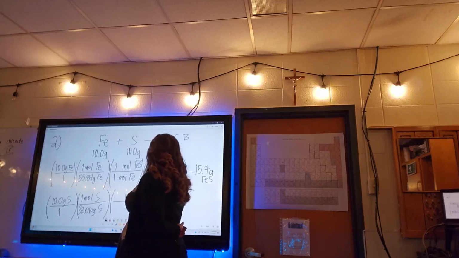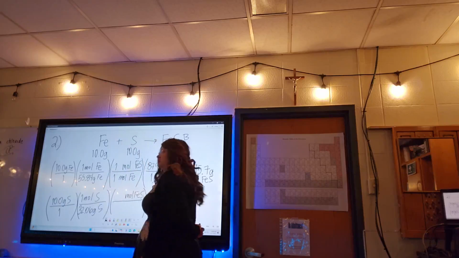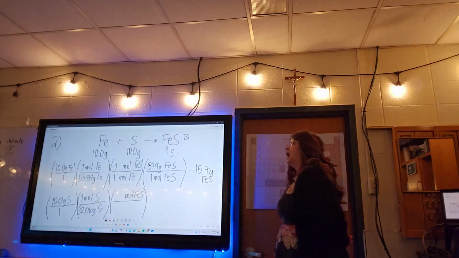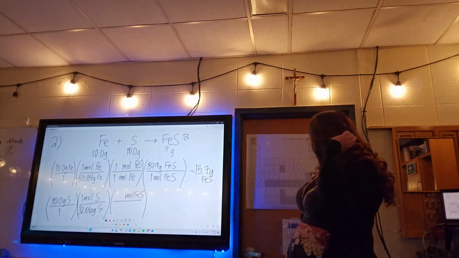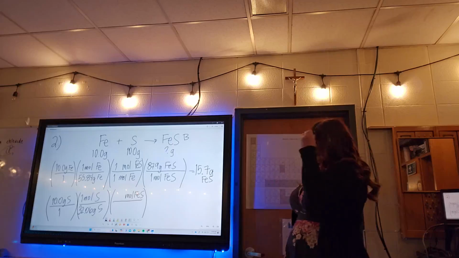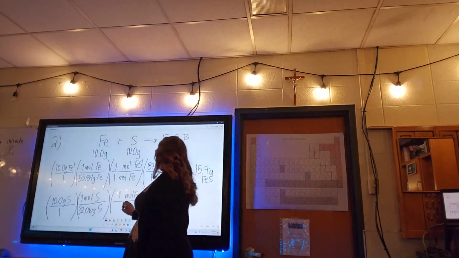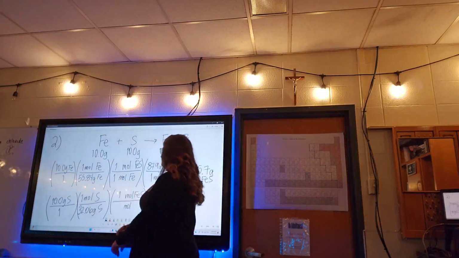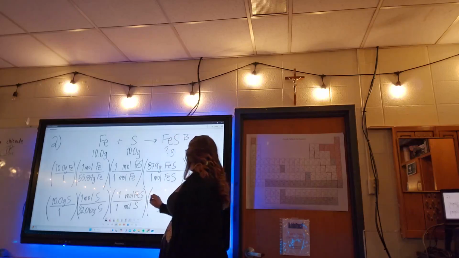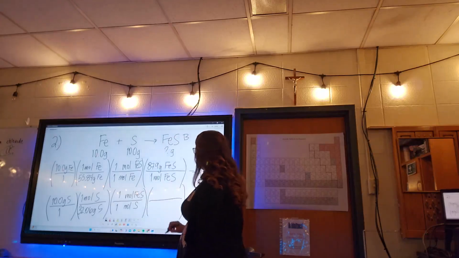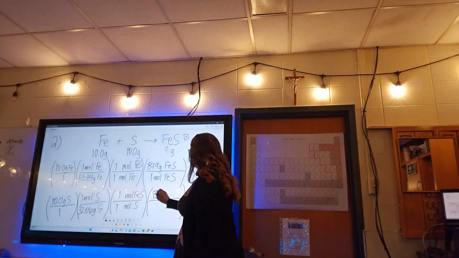B is still FeS, and its stoichiometric coefficient is still 1. What's the stoichiometric coefficient in front of sulfur? Also 1.